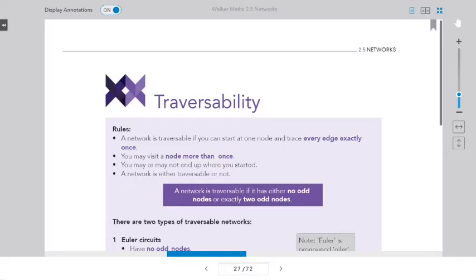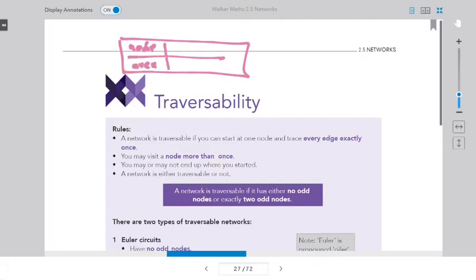A network is either traversable or not, and you can tell mathematically before you even begin by looking at the degree of the nodes. Remember when we made those little charts and gave each node's degree as either even or what? Odd. Okay, so either even or odd.